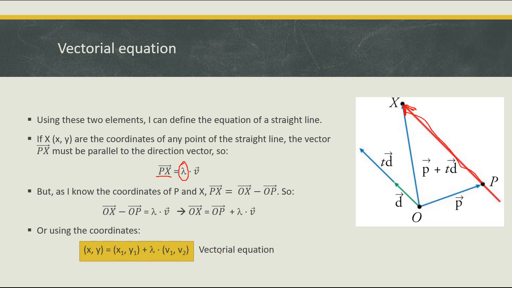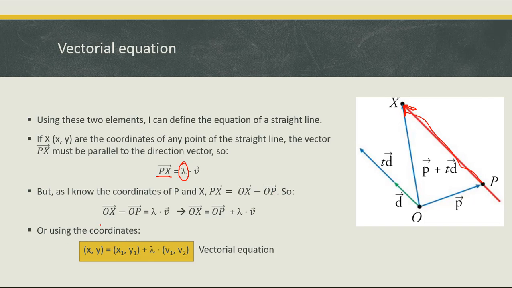To subtract the coordinates and write it mathematically right, I have to substitute the point by the position vector that has the same coordinates, and vectors I can subtract. So the coordinates of the final point can be written as the coordinates of the position vector of X minus the coordinates of the position vector of P.